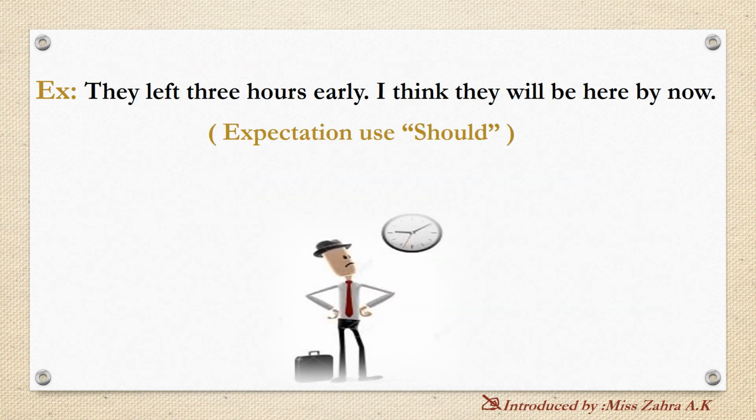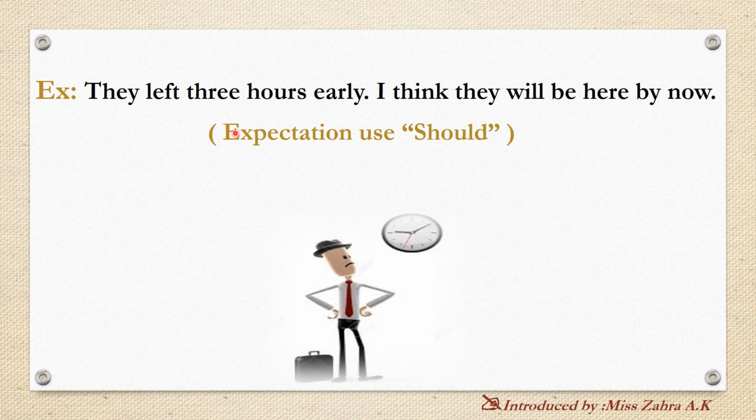Another example، مثال آخر. They left 3 hours early I think they will be here by now، هم غادروا منذ 3 ساعات ماضية أو مبكرا منذ 3 ساعات غادروا. I think أعتقد they will be here by now، أعتقد بما أنه هم طلعوا منذ 3 ساعات إذا هم أعتقد بأن ممكن سيصلون هنا الآن أو سيصلون قريبا.